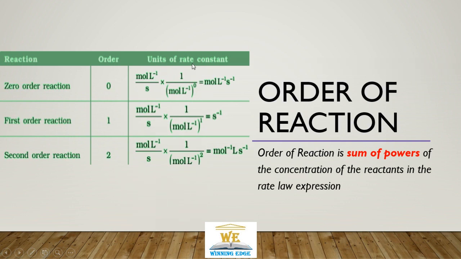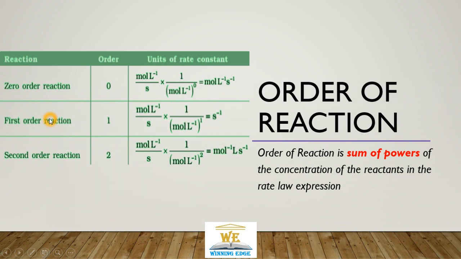The unit of the rate constant will be mole per liter per second, because our reaction rate is moles per liter, that's a concentration, per second, and division by the concentration side equals the reaction rate constant. That's why its unit will be the same as the rate of reaction.